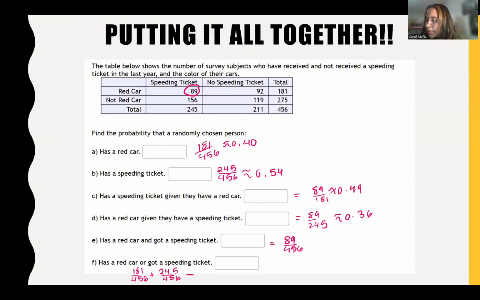If we look at our table, the intersection of having a speeding ticket and the car being red is 89 out of 456. If we input that in our calculator and evaluate, we would have 337 over 456. 337 divided by 456 is approximately 0.74. So the probability of it being a red car or having a speeding ticket is going to be 0.74.